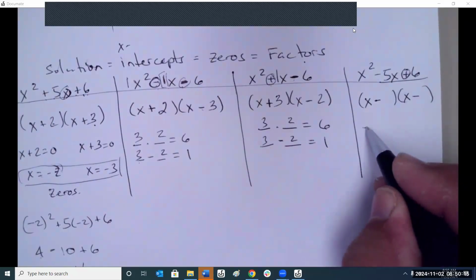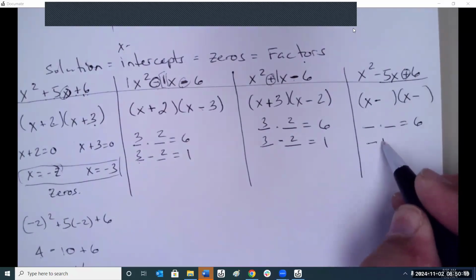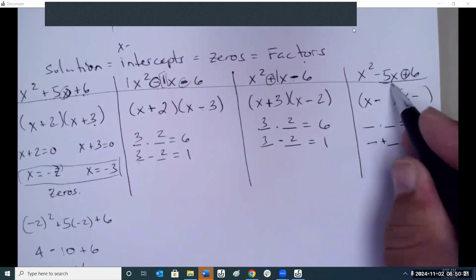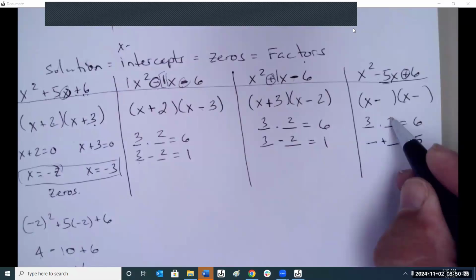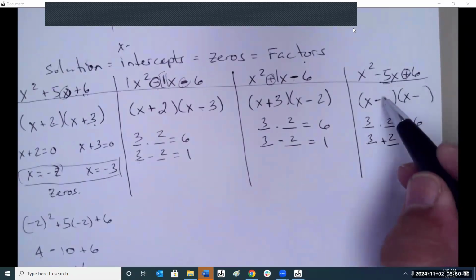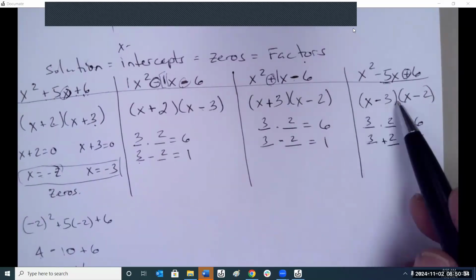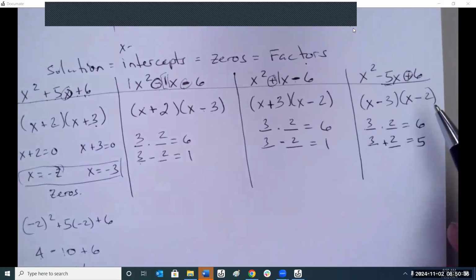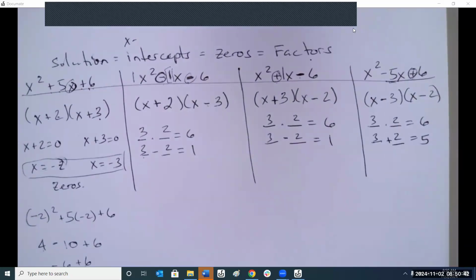So now we have to figure out what times what equals 6. When we add them, we get 5. 3 and 2. And since they're both the same sign, it doesn't matter where the numbers go. I can have x minus 3, x minus 2, or x minus 2, x minus 3. Doesn't matter which way they go. So far, so good?